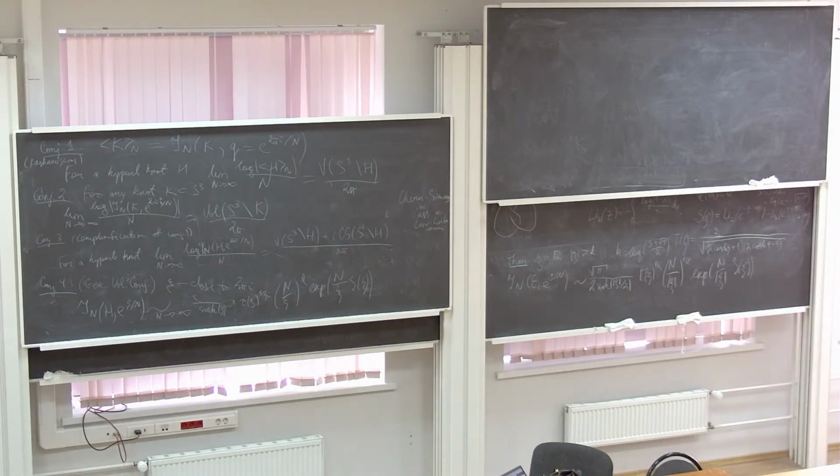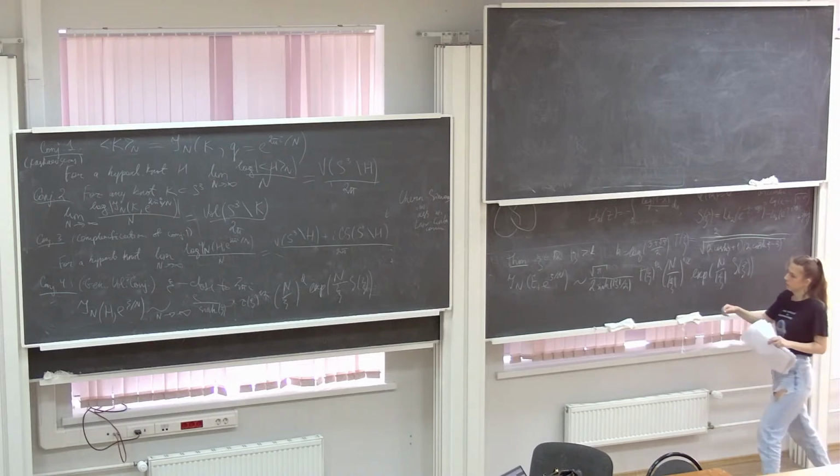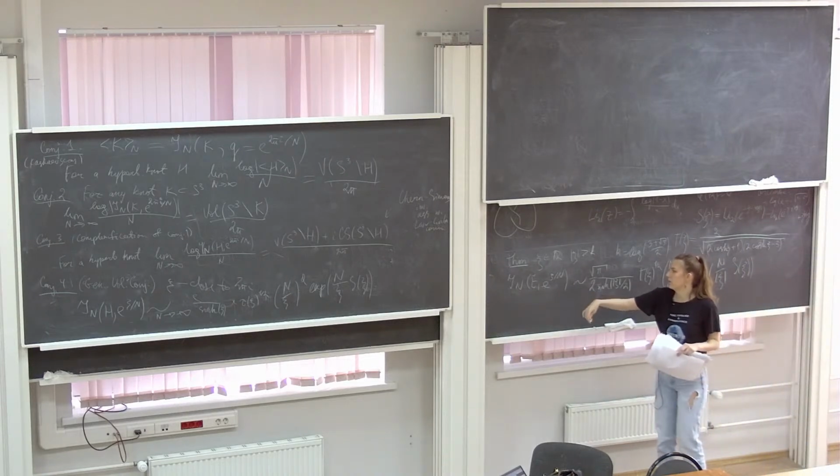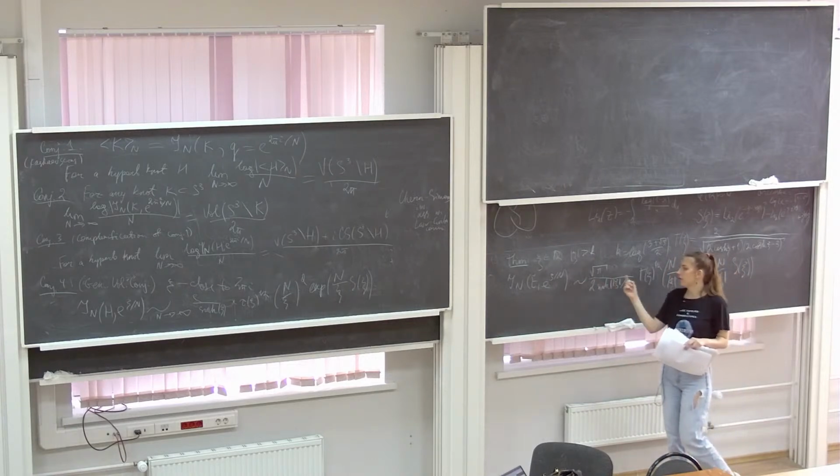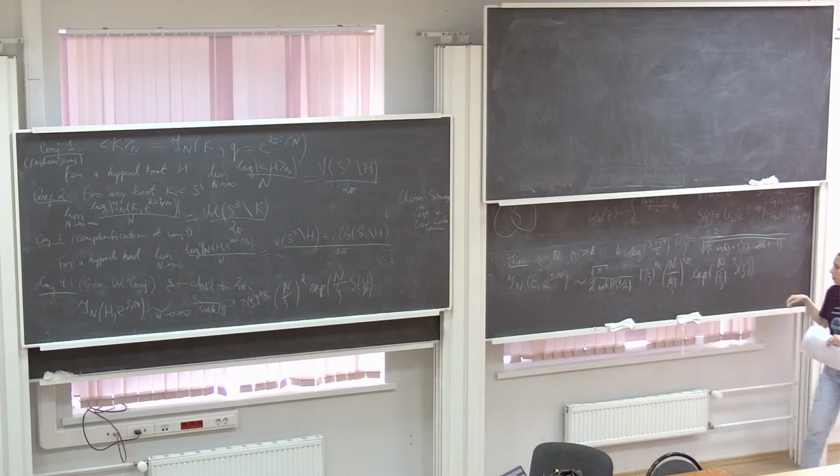So this is the main result, and this sign means that this one is this one multiplied by 1 plus a small term.